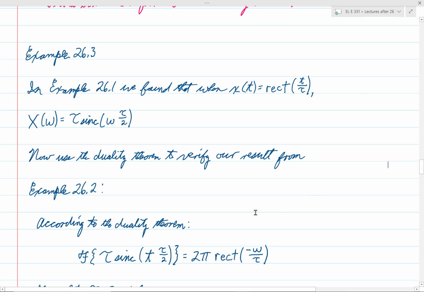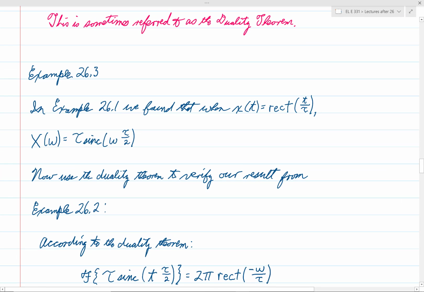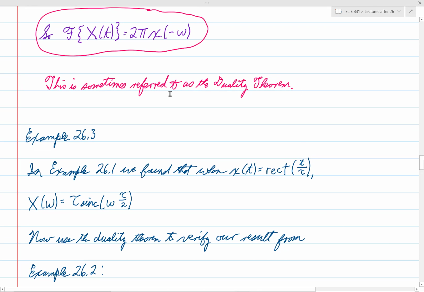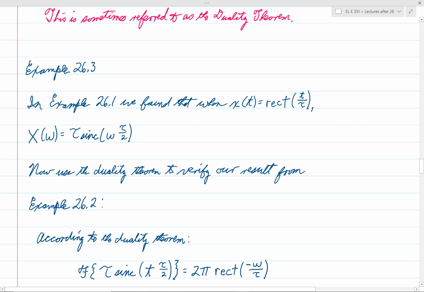So on the left-hand side, we want the Fourier transform of capital X of t. Here we have the Fourier transform, and here you can see that we have capital X of t, because here is capital X of omega. So capital X of t will just be tau sinc of t tau over 2, which is what we have right there.